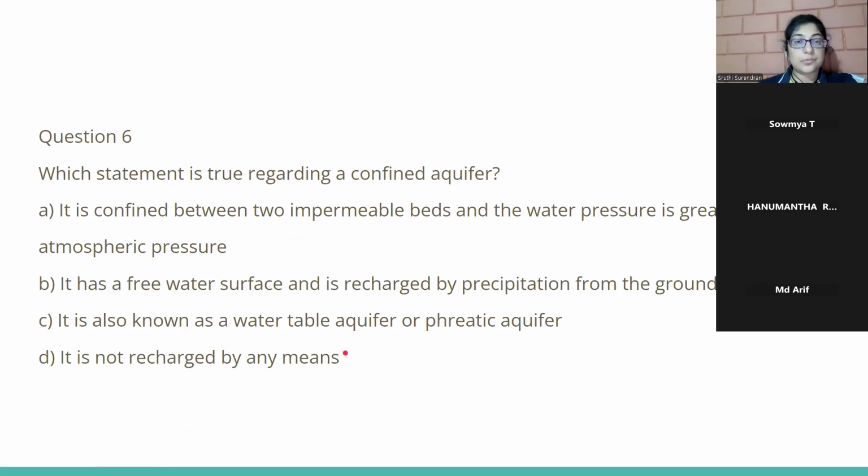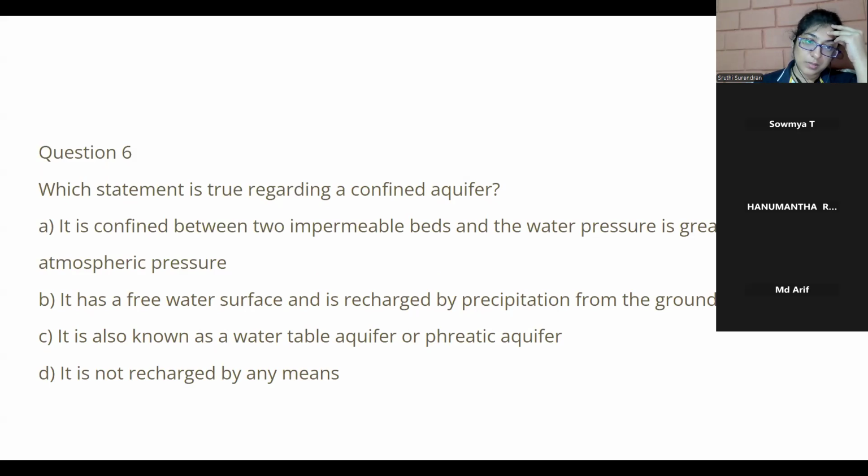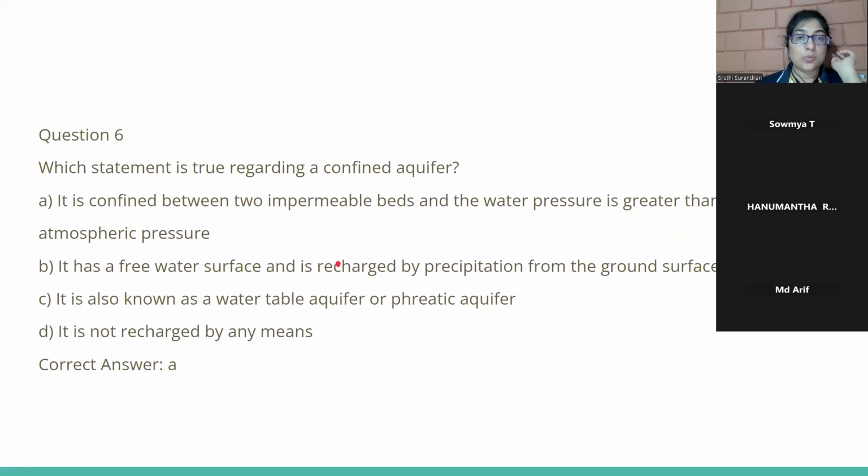Which of the following statements is true regarding a confined aquifer? The correct answer is option A. It is confined between two impermeable beds and the water pressure is greater than the atmospheric pressure.